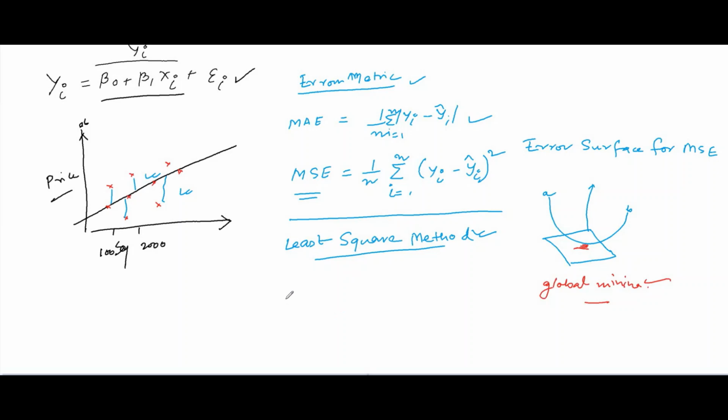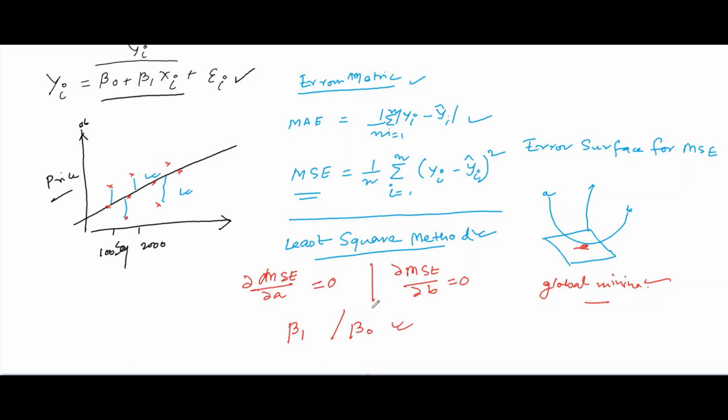So what we will do basically, if we take the derivative of the MSE, then we will find this. If we take the derivative of MSE with respect to A and set it to 0, and the derivative of MSE with respect to B, and solve these two equations, we will get the values of beta 1 and beta 0.